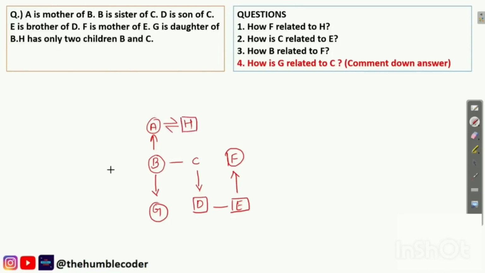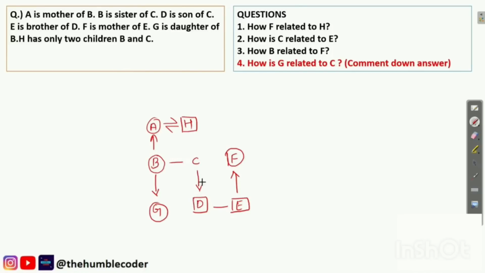So now we have created the diagram. Now some things we need to complete over here. First of all, A is mother of B, right? B is sister of C. D is the son of C. Yes, this is correct.